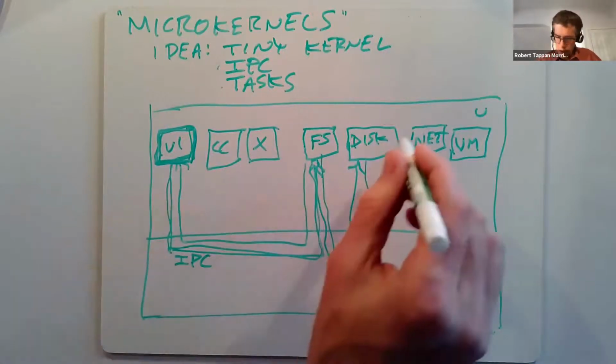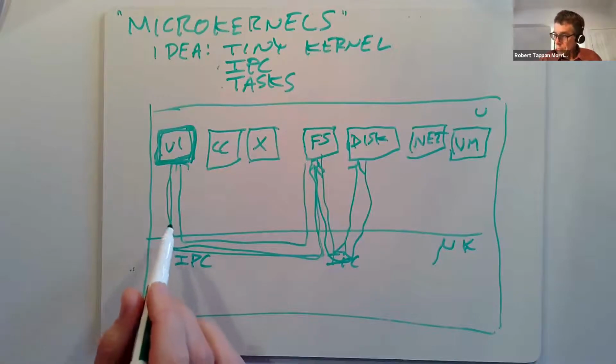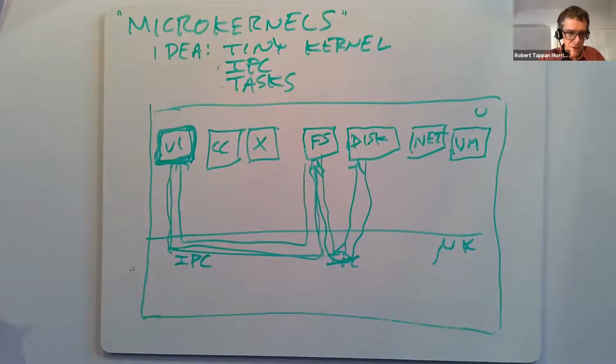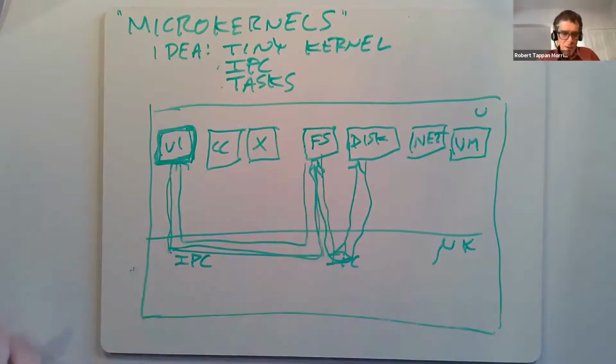All that stuff is up here as more or less ordinary user-level processes. And so it leads you to a very small kernel with relatively little code to optimize. You can optimize IPC and there's not much else going on. And so this is the kind of picture we're going to talk about for the rest of the lecture.